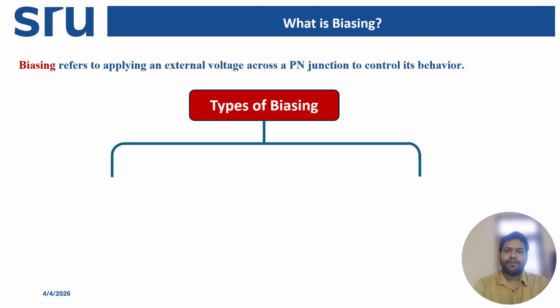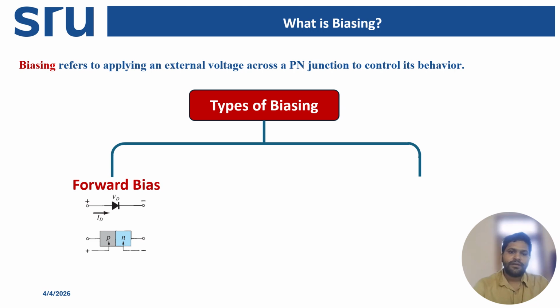Here you can see the types of biasing, starting with forward bias. In the diode symbol for forward bias, the positive terminal is connected to the positive point of the battery and the negative terminal is connected to the negative point of the battery.